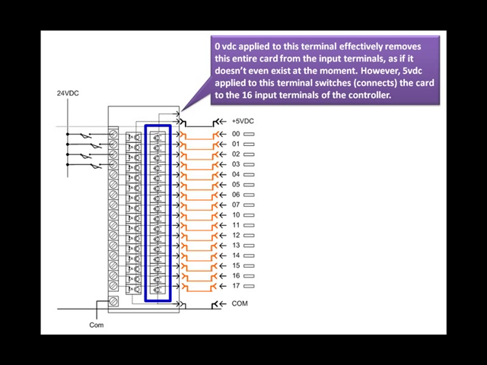So if there's no signal level on that bank of 16 switches, it's as if these 16 inputs don't even exist. Therefore, to repeat myself, if the signal is 0 volts DC, for all practical purposes, the entire circuit doesn't even exist as far as the controller is concerned.